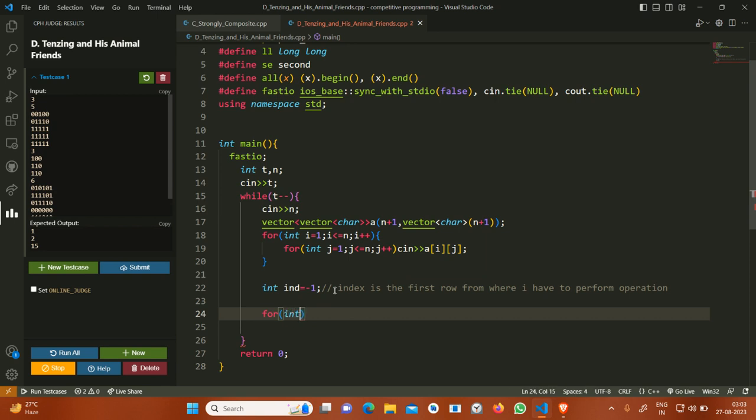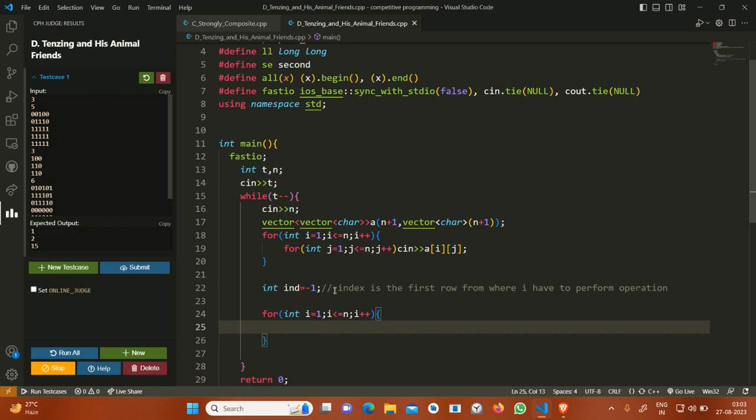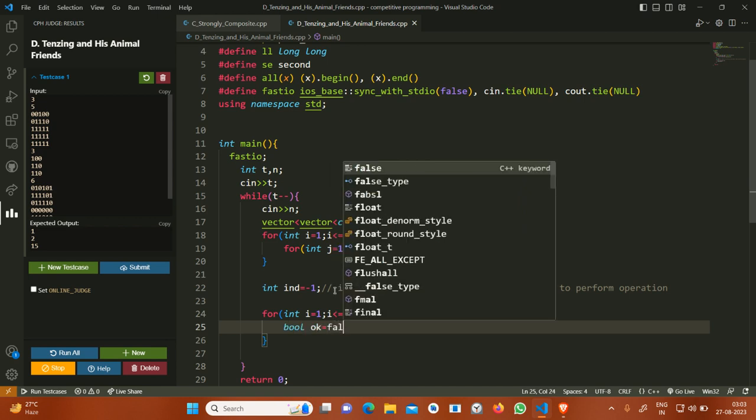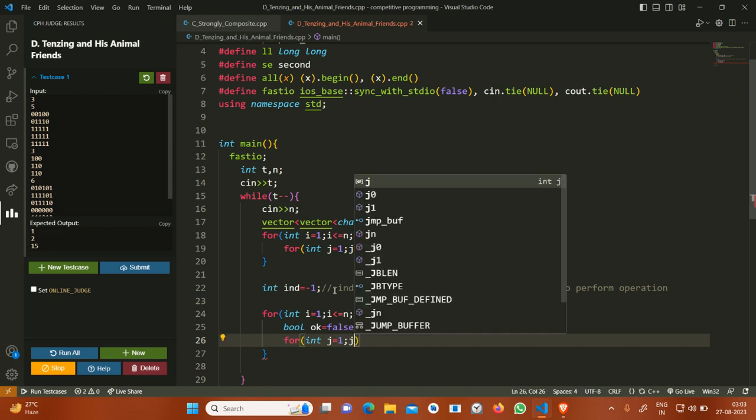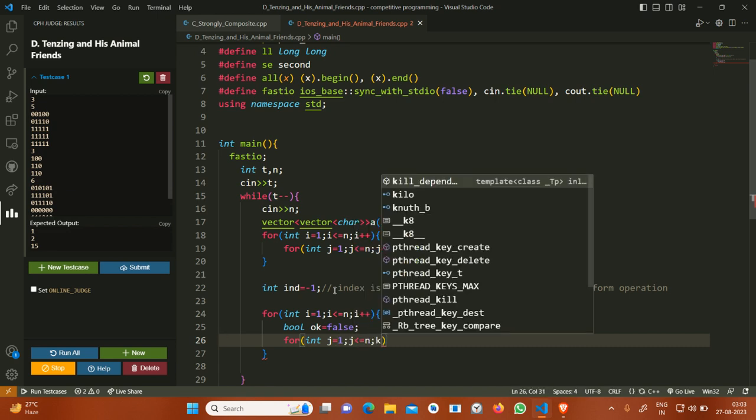For int i equals one, i less than n, i plus plus. I can say ok equals false each time, and now I will check whether there exists any one in this row or not.